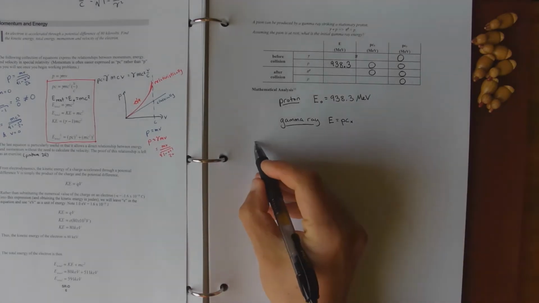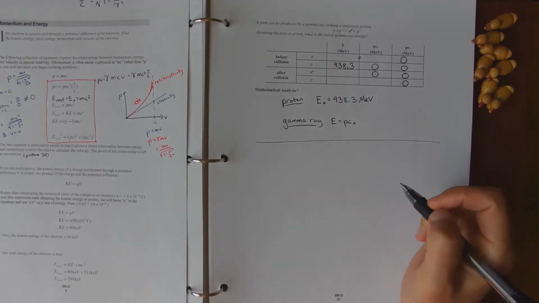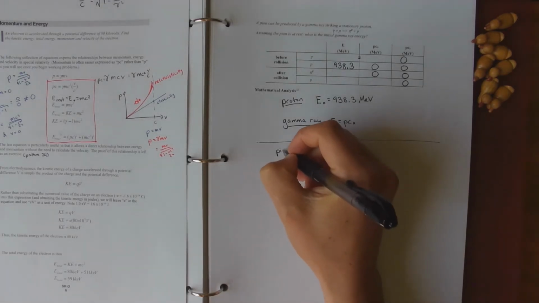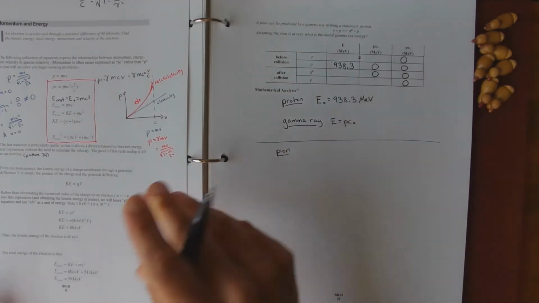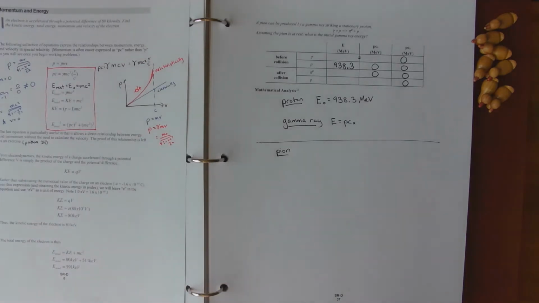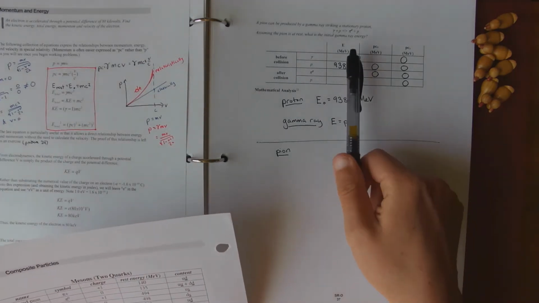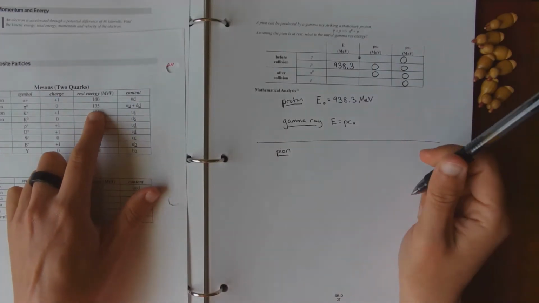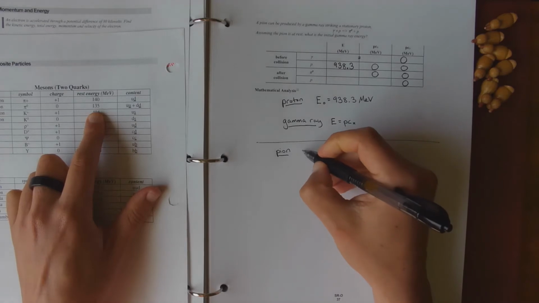Okay, after the collision, we have the proton and the pion. And for the pion, it is a neutral pion, and so we have a rest energy of 135.